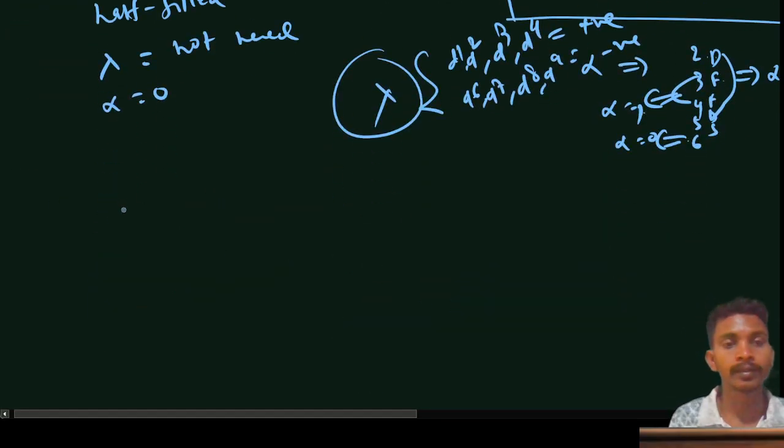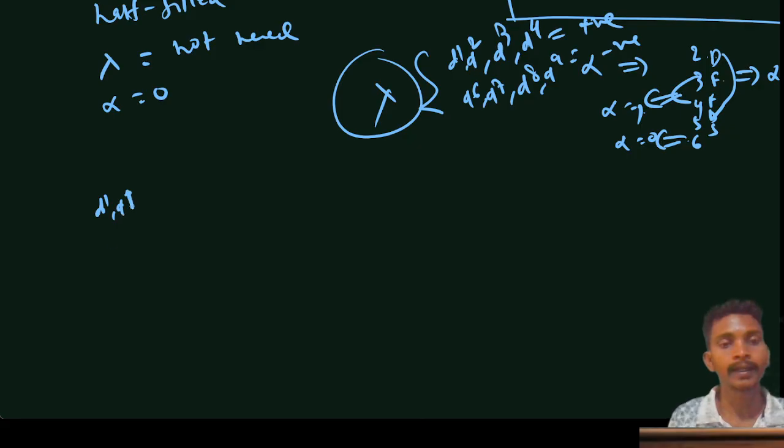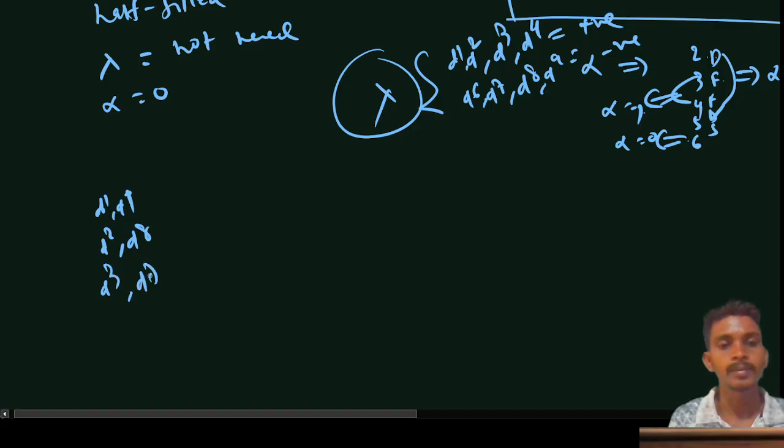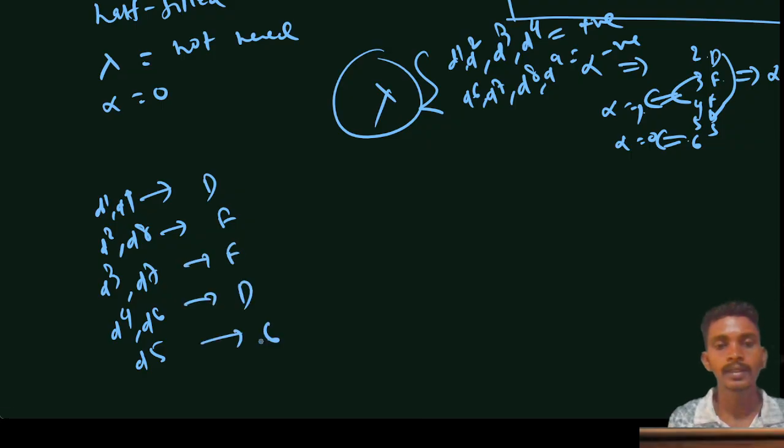So you say D1 and D9, D2 and D8, D3 and D7, D4 and D6, and D5. In this case, the D, F, F, D, S: this is 2, this is 3, this is 4, this is 5, and this is 6.